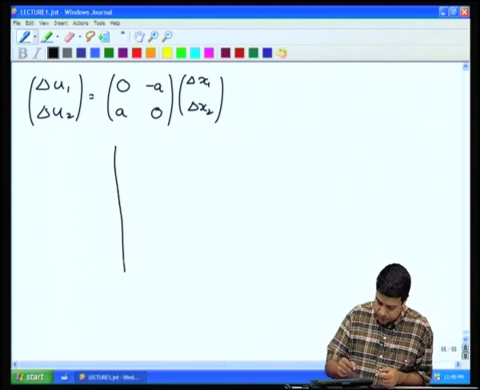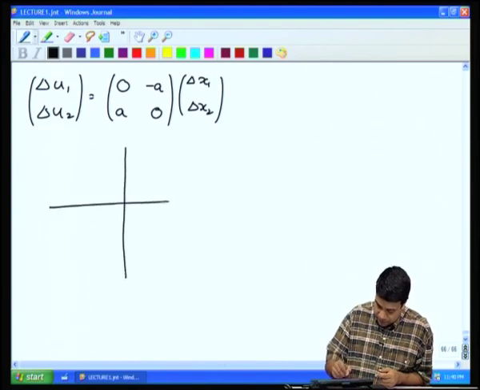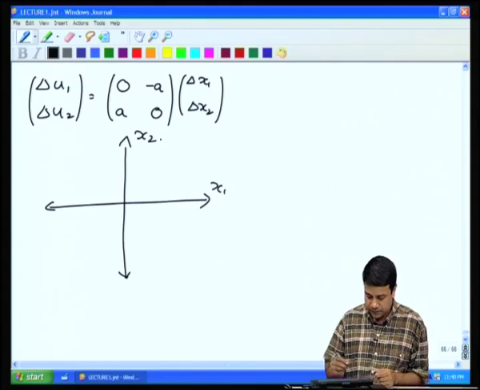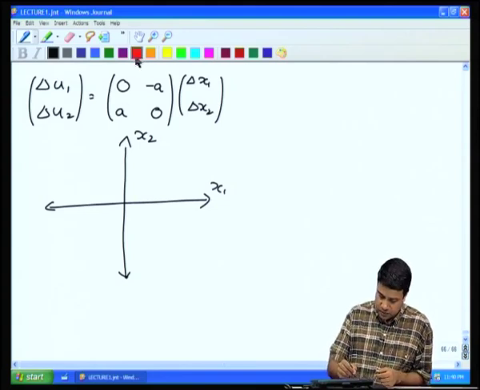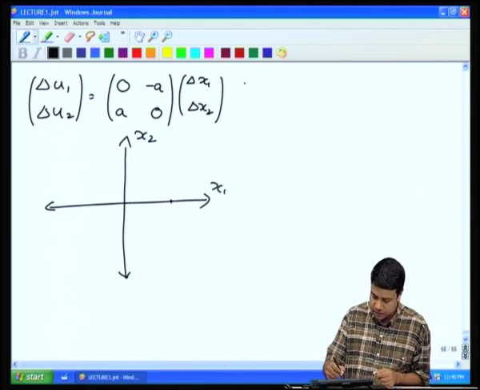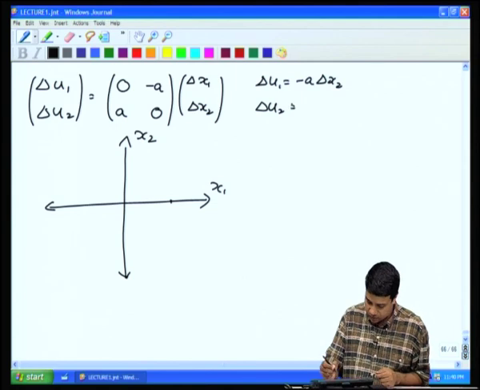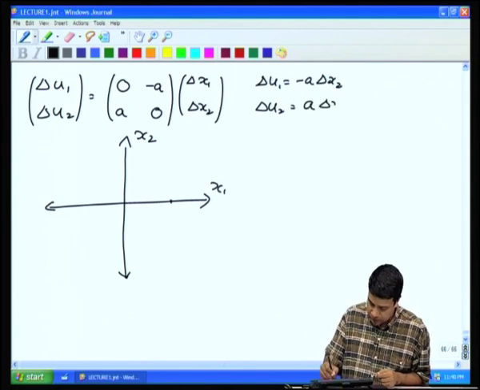Our coordinate system once again. And if I move a small distance, this gives me the velocity delta u 1 is equal to minus a delta x 2, delta u 2 is equal to a delta x 1.